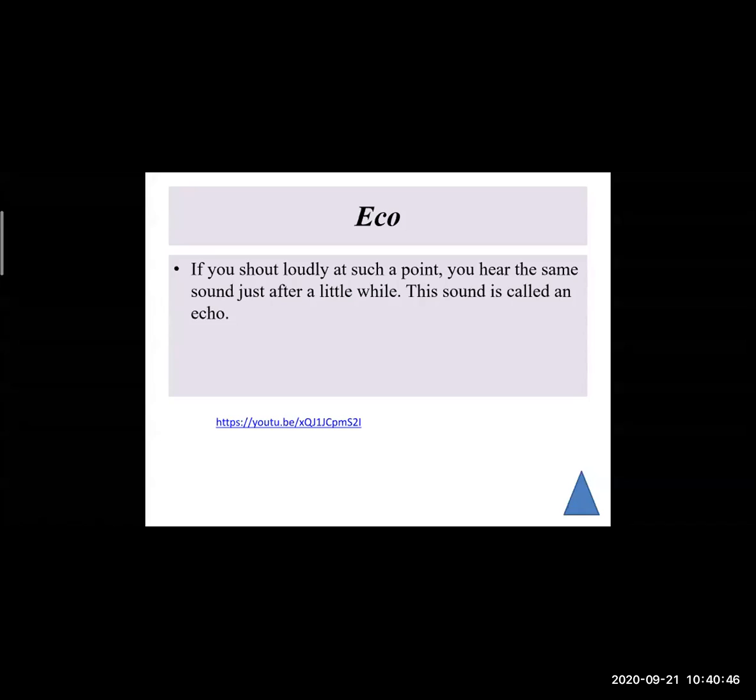You have also experienced in a blank, empty room in which there is no furniture and no one is there, that you hear your voice multiplying and coming back to your ears. That is called an echo, but we can't hear that voice in our normal room.